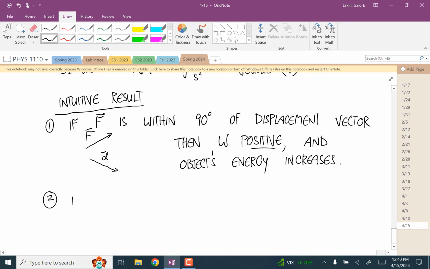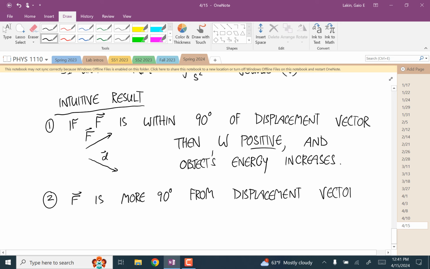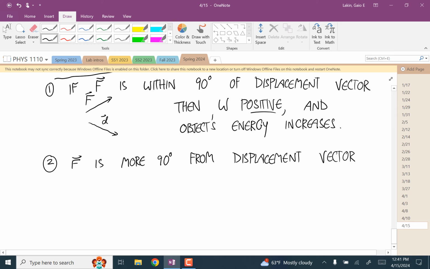Second, if F is more than 90 degrees from the displacement vector, that's a case where you could say you have a force like this and a displacement like this.